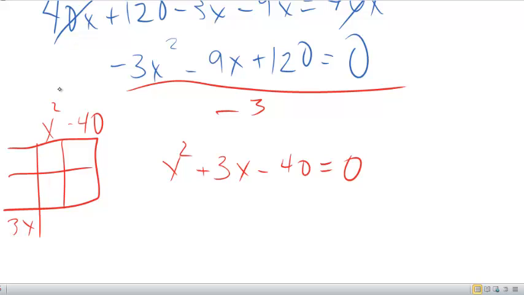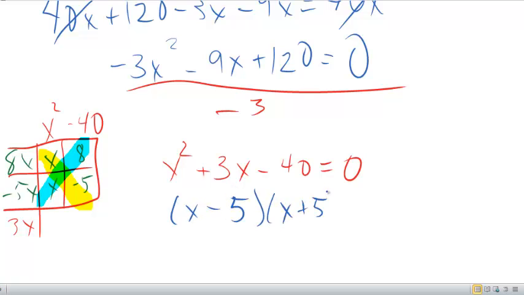Okay, so x times x, that's easy. I'm trying to get a positive 3 down here, so let's do a positive 8 and then negative 5. So 8x, negative 5x. So my two factors will be x minus 5 and x plus 8, equals 0.